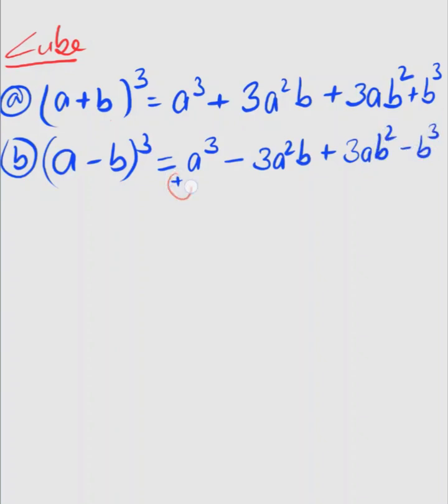You need to remember first plus and minus and again plus and minus. Remember this way, it will be easy. a cube, then where a square is there should be minus. When b square is there should be plus, but b cube there should be minus.